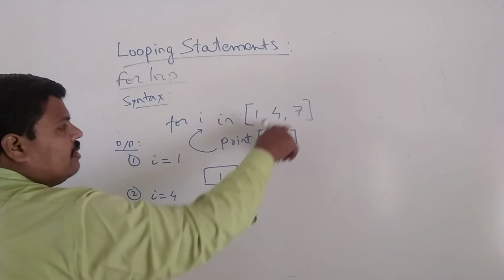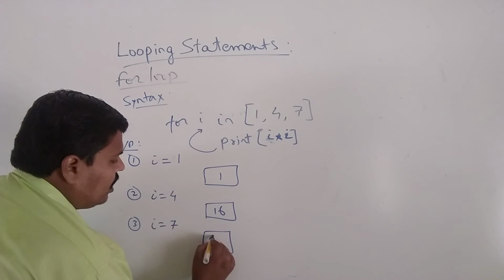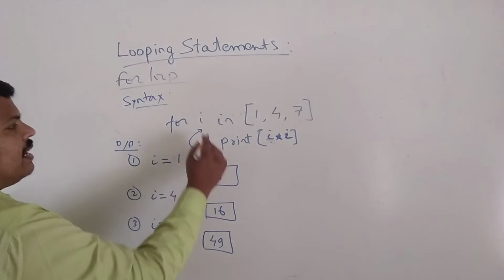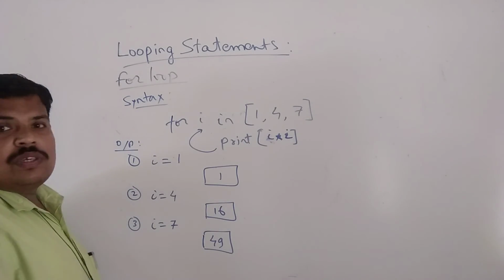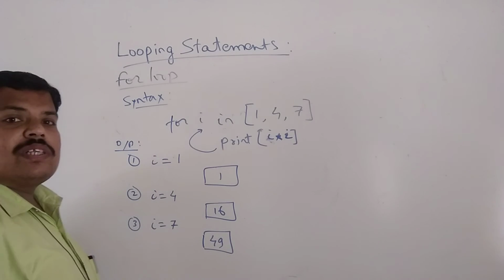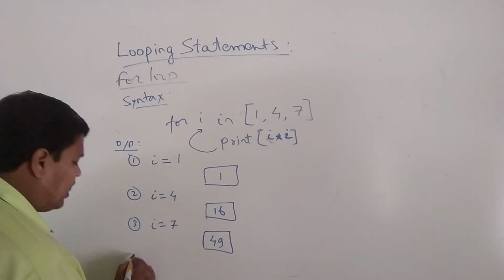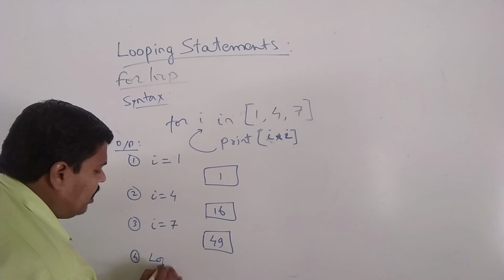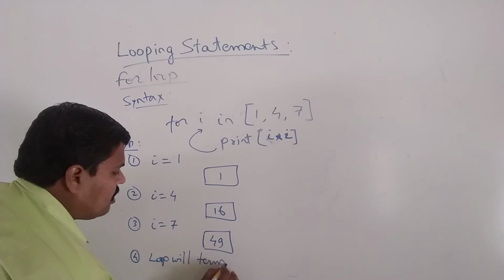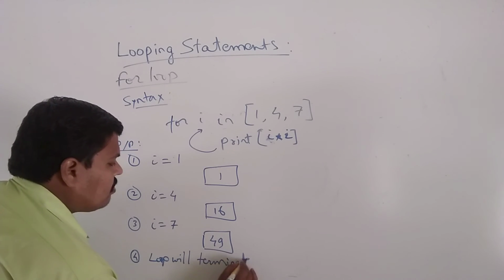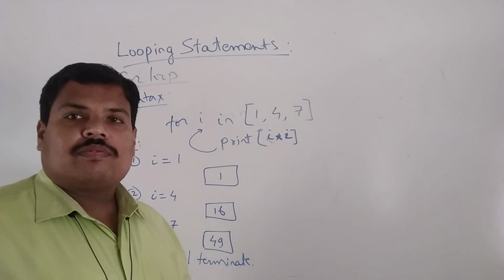With i equal to 7, it will enter the loop. What is i into i? That is 49. Then again it will go for the next value. Then it will find that the sequence is completed. Yes, all the values in the sequence are completed. Therefore, the next time, the loop will terminate. Okay. So this is the execution of the for loop. Okay. Thank you.